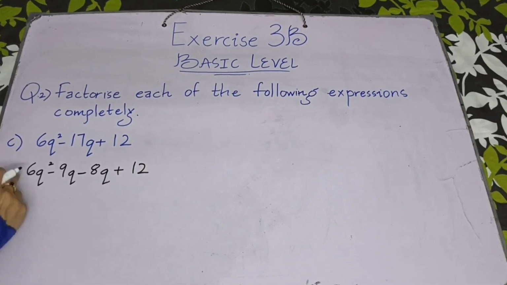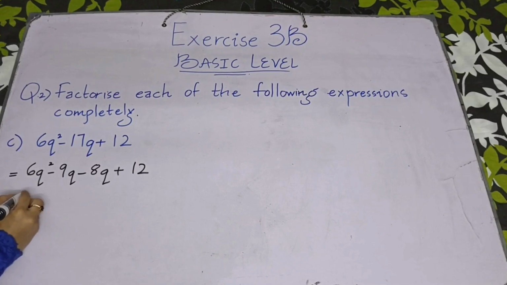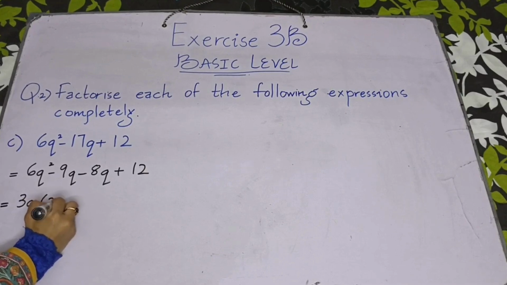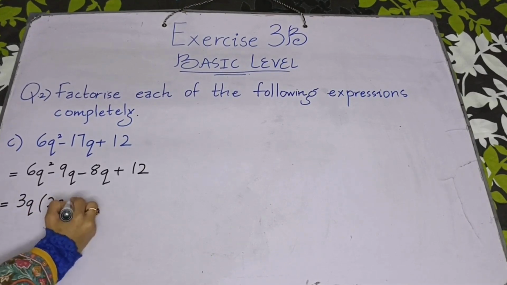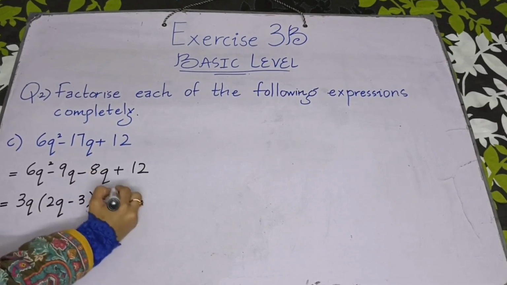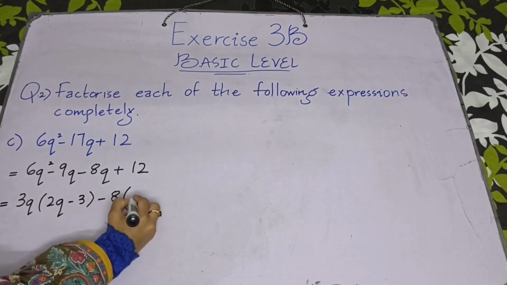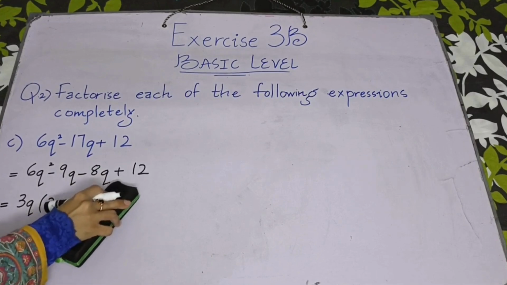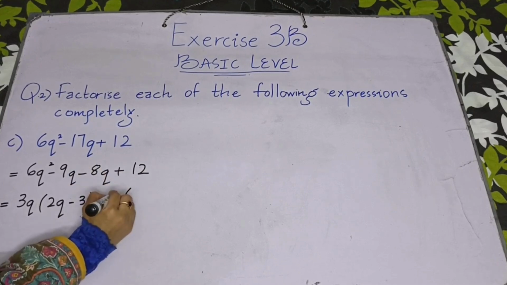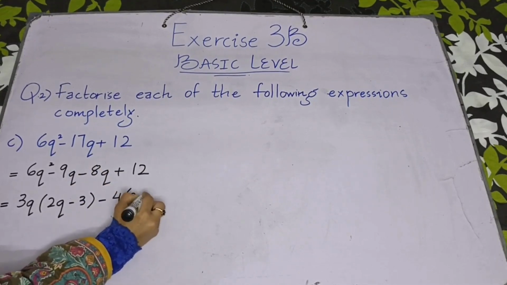Again we are going to take out the common. In 6 and 9 the common will be 3q, so 2q minus 3. Minus 8 will be common. In 8 and 12, the common comes in 4 times table, 2q.